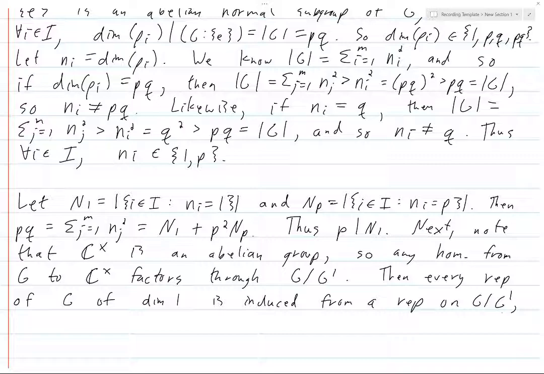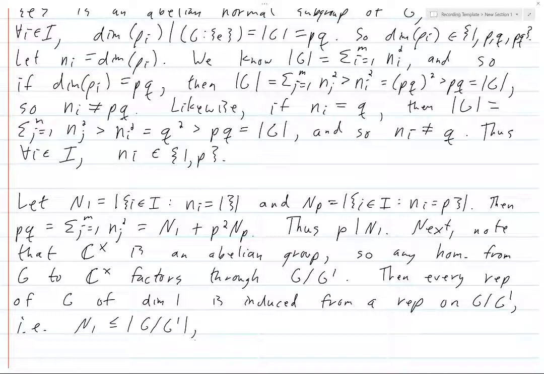So every representation of G of dimension 1 is induced from a representation on G mod G prime, i.e. n1 is less than or equal to the order of G mod G prime. And that's because every representation of G of dimension 1 corresponds to the elements of n1.